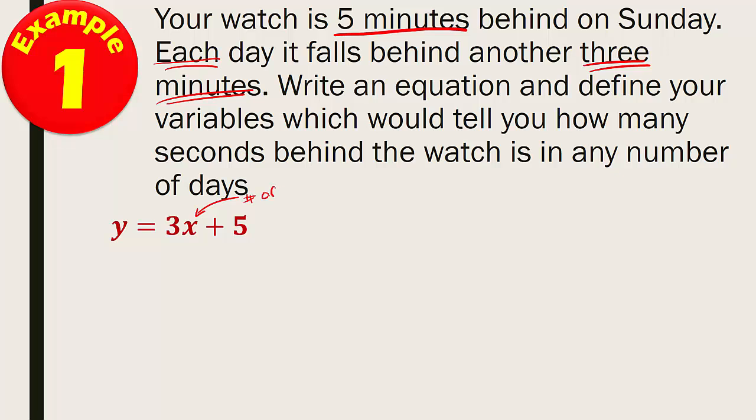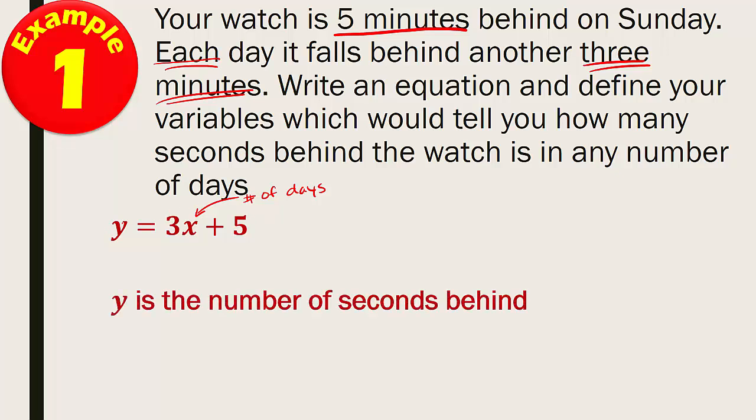Okay? And it was 3 minutes each day, so that's where this came in. And our variables, y is the number of seconds behind, total number of seconds, and x is the number of days. And then this part we added in, because remember your watch is 5 minutes behind already on Sunday.